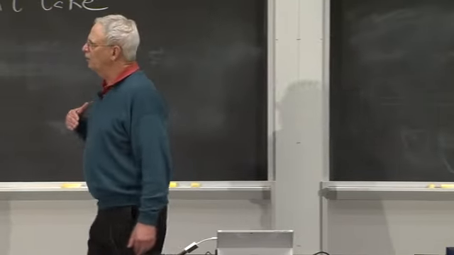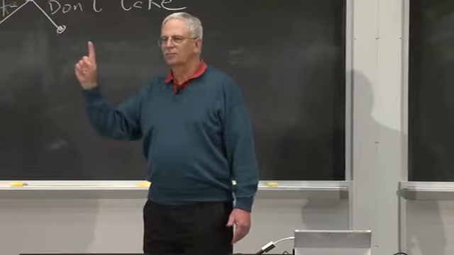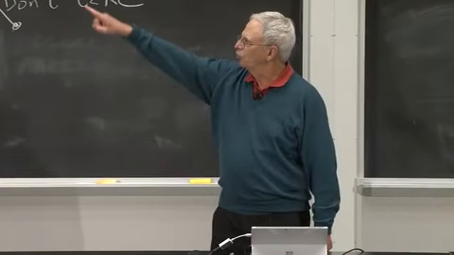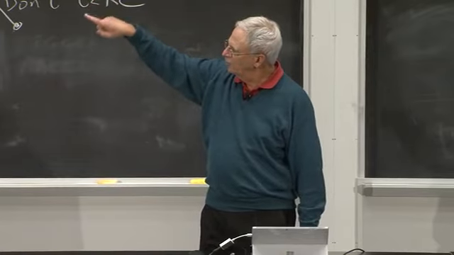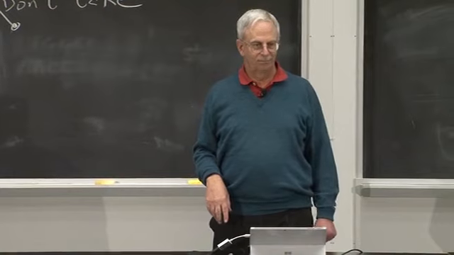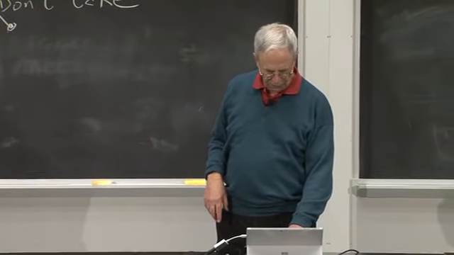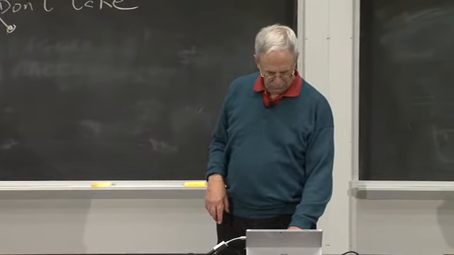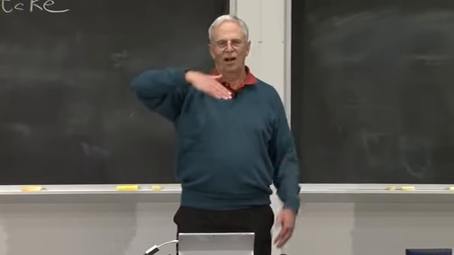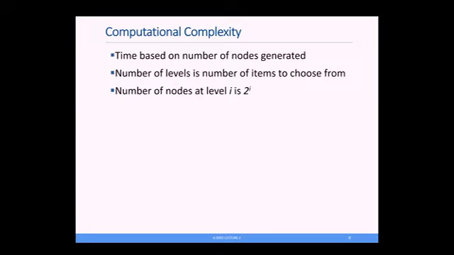The next question we need to ask is, how many nodes are there at each level? You can see that the deeper we go, the more nodes we have at each level, right? In fact, we can see that the number of nodes at level i, depth i of the tree, is 2 to the i.